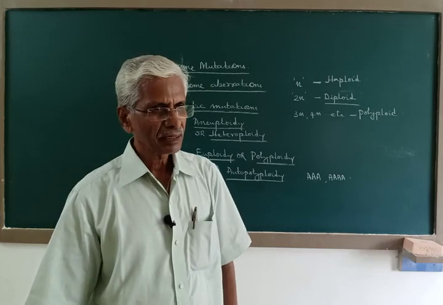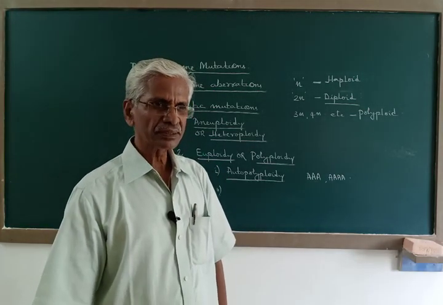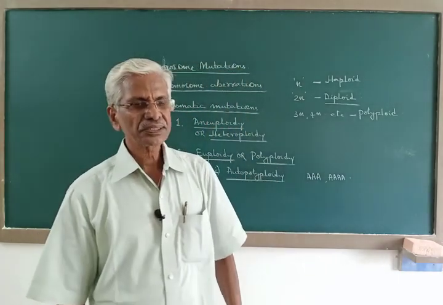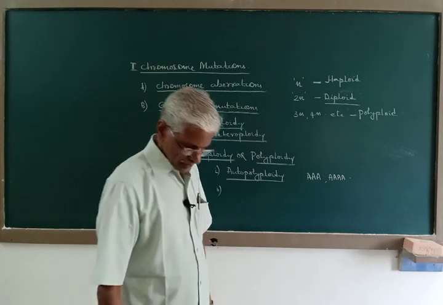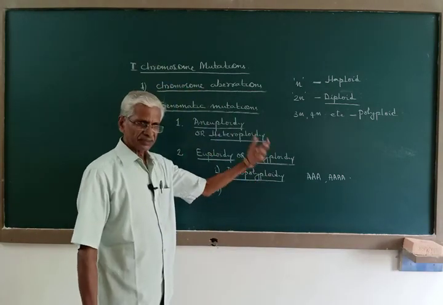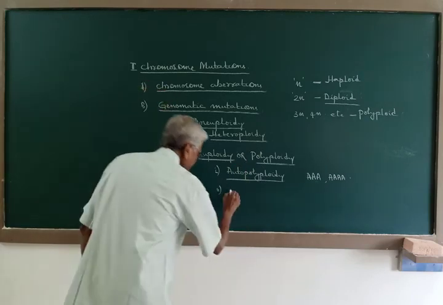For example, banana, grapes, corn, marigold, snapdragon. So in all these economically important plants, this is true, what is called autopolyploidy.